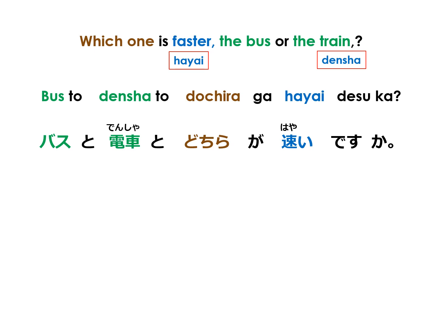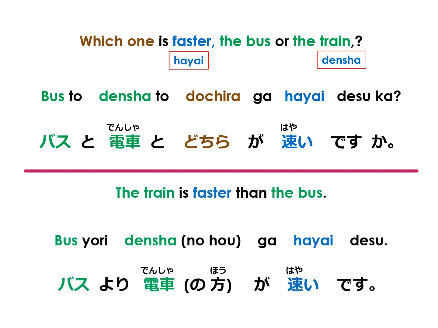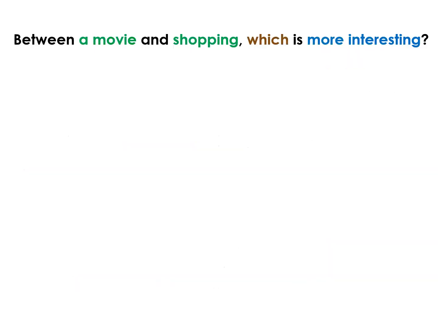Is it the bus or the train? Of course, the train is faster than the bus. And in Japanese, we say バスより電車の方が早いです。or バスより電車が早いです。Another example, the sentence, between a movie and shopping, which is more interesting?